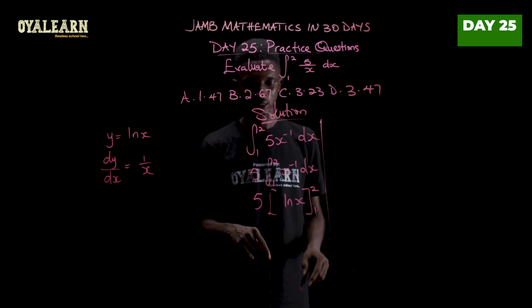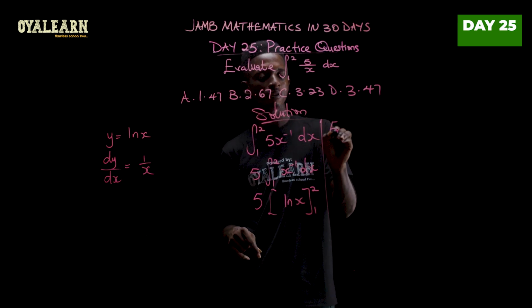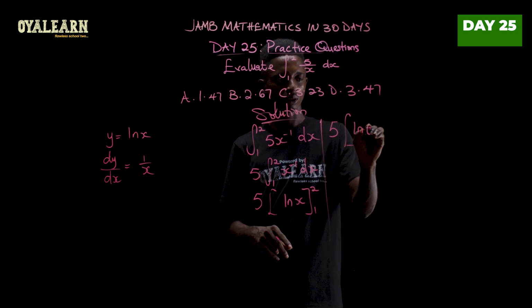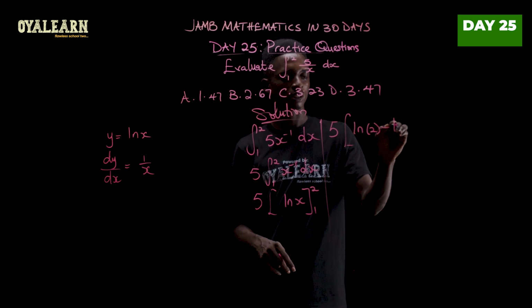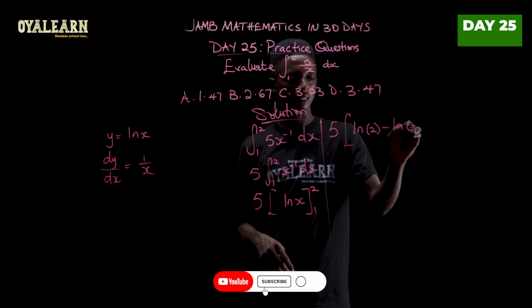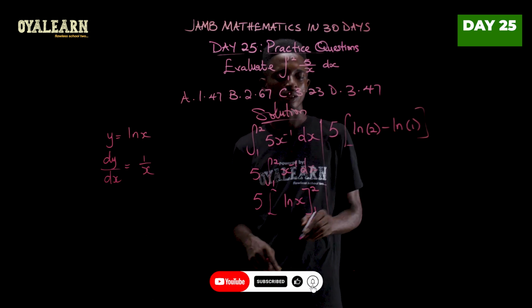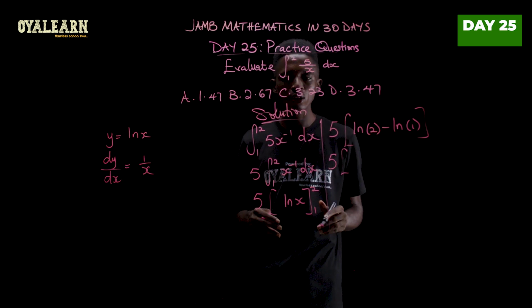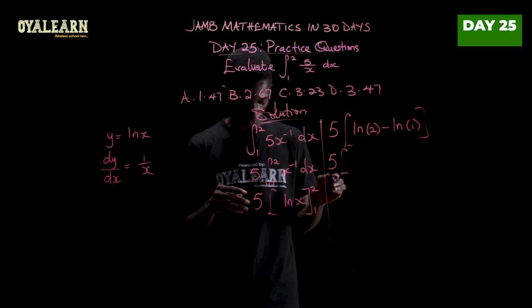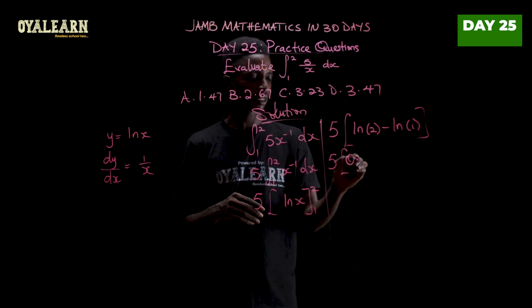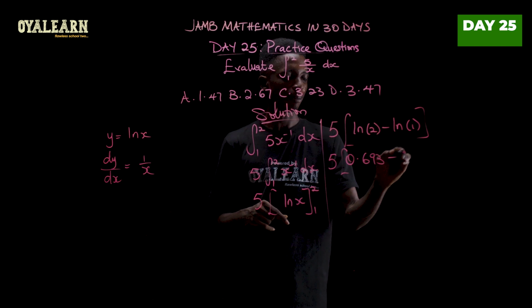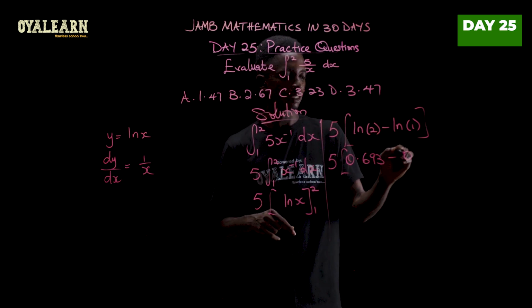Now let's resolve this. What this means is that we are having 5 into ln when x is 2 minus natural log when x is 1. Now this will give us 5 into, now natural log of 2 is going to give us 0.693, minus natural log of 1 is 0.